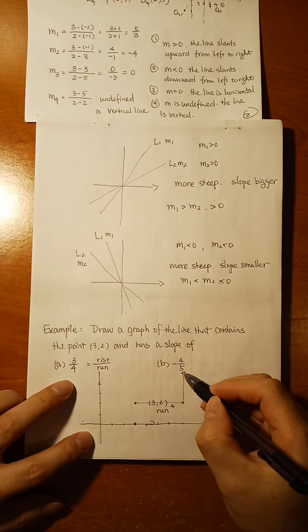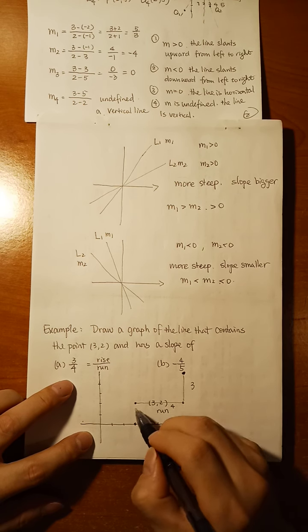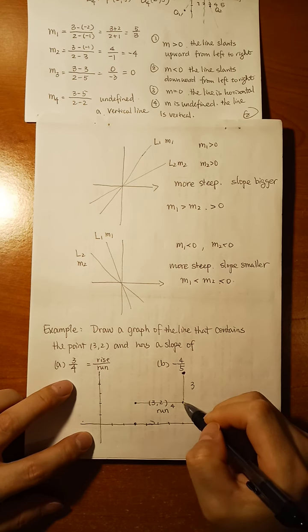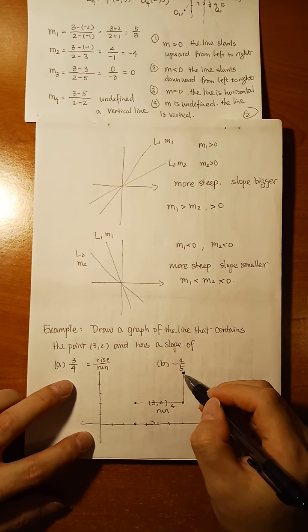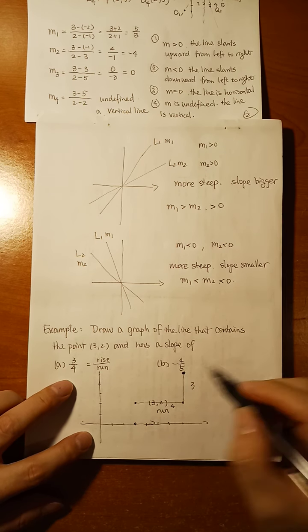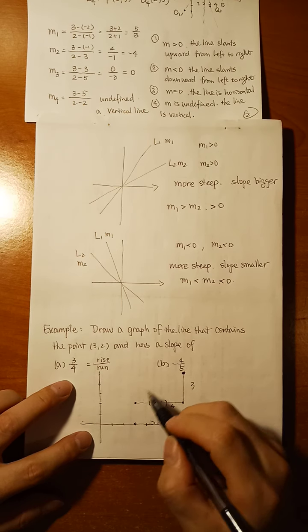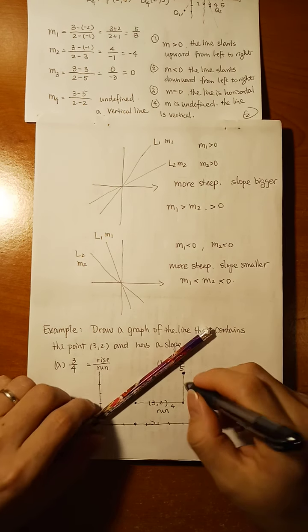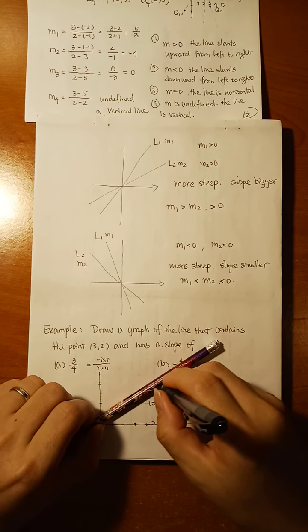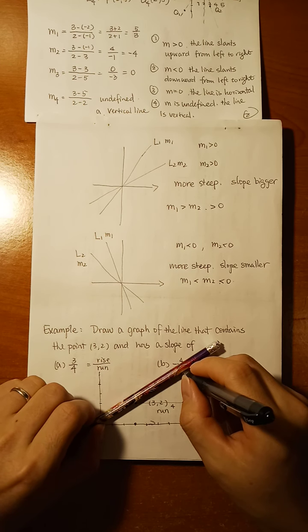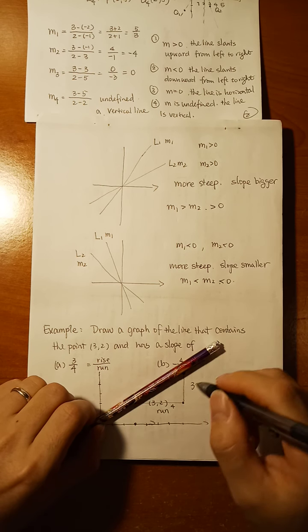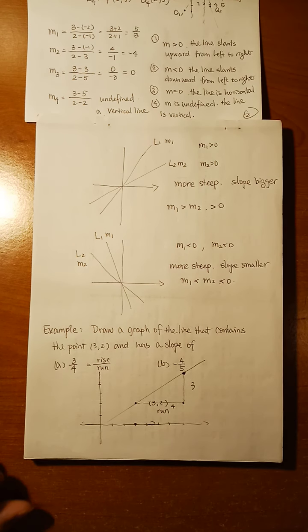So first you go right 4 units, and then from this new point you go up 3 units. Both are positive, so you get your second point. And then you use your ruler to draw the line. So this is going to be your line.